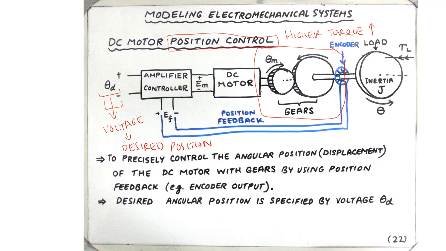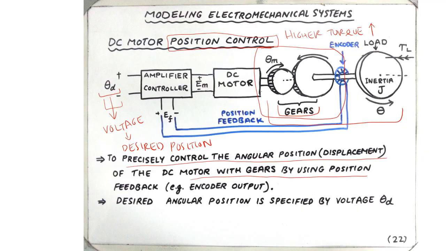In this problem, we have added a gear system to the motor, as shown here. And the motor is driving the load through the gear system. So in summary, the goal of the position control system is to be able to precisely control the angular displacement of the DC motor with the help of gears.